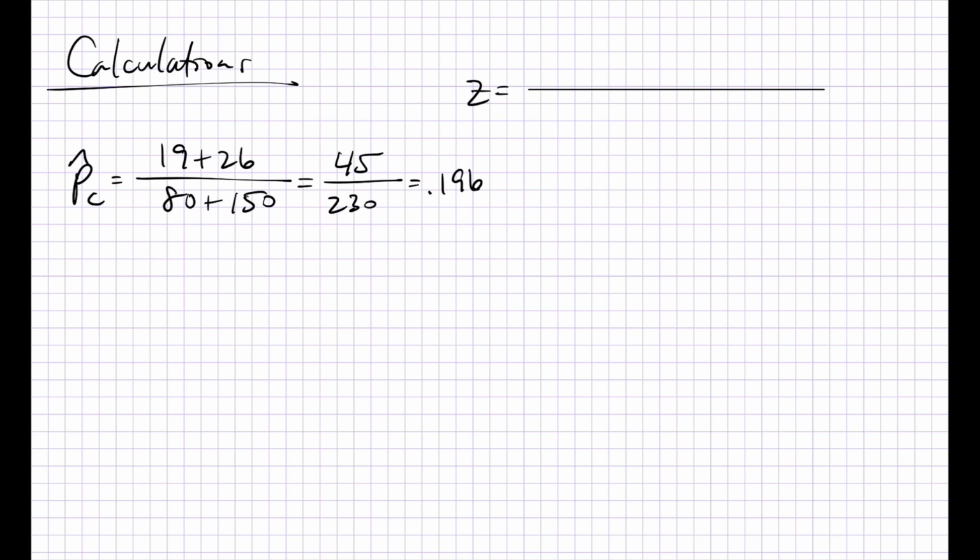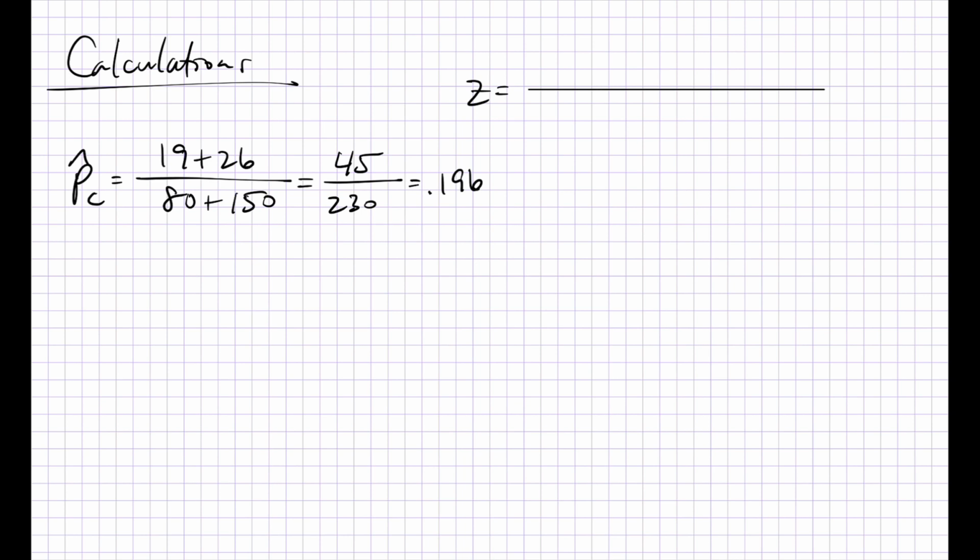So the reason we pool the two samples together is because we don't want one proportion to dilute the results. We pooled them. So now this proportion represents both. That takes care of that. That's why we do it.